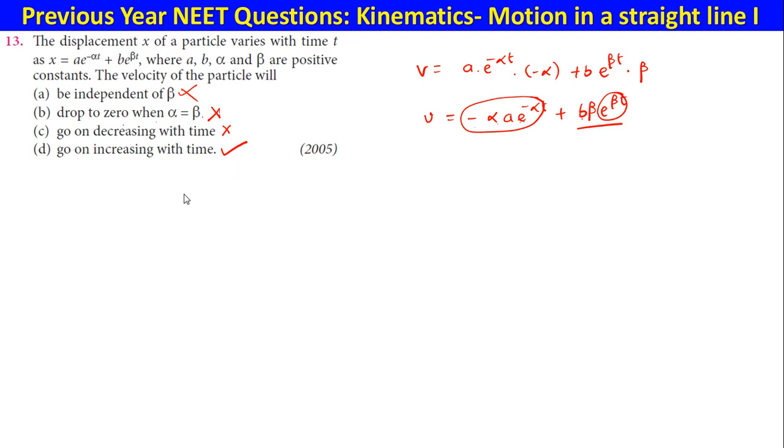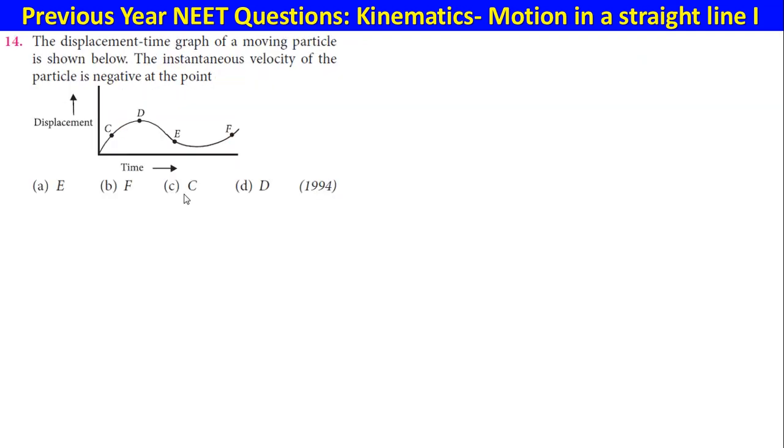Clear? Yes. Now the displacement time graph has been given. The instantaneous velocity of the particle is negative at which point? At point D it will be 0. At point C it will be making an acute angle. Acute angle means the velocity should be positive. So if you take the slope, then with the x-axis it will make an obtuse angle.